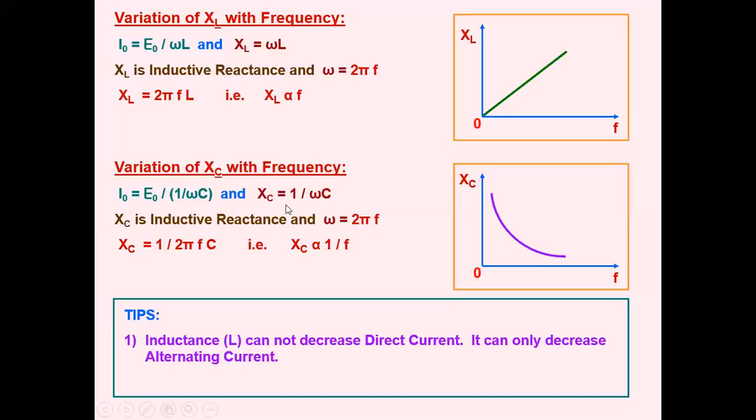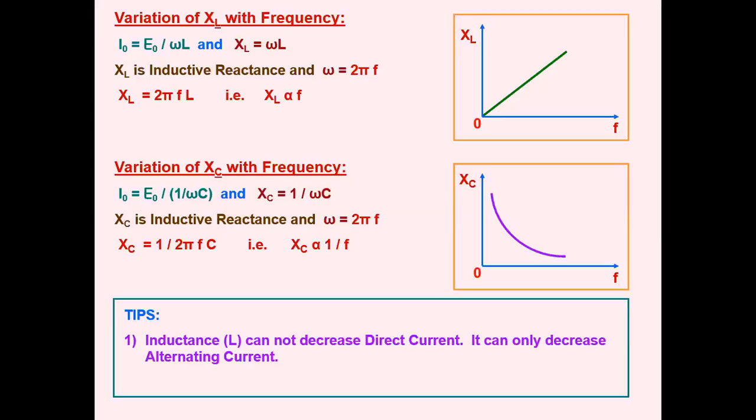That means capacitive circuit offers infinite resistance to DC supply or direct current. It is because of this reason, when you connect a battery with the terminals of a capacitor, then charge supplied by the battery gets stored in the space between the plates of capacitor, and hence capacitor is used to store electric charge by offering infinite resistance to DC supply.